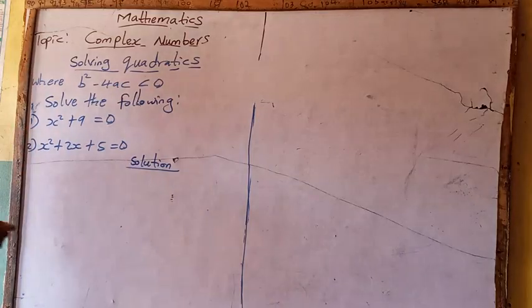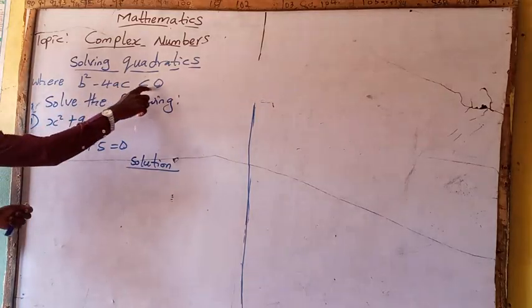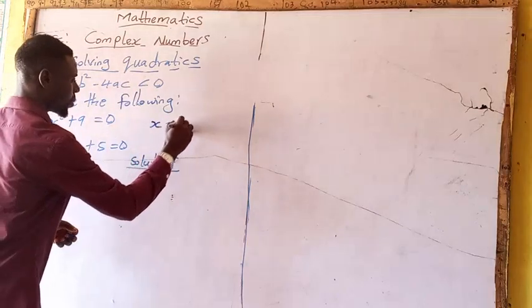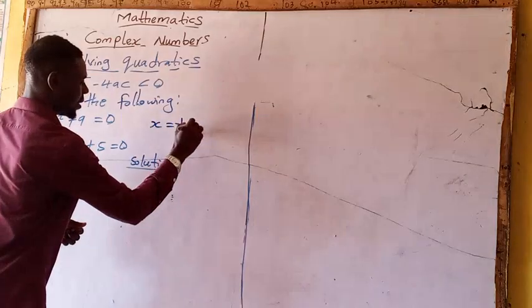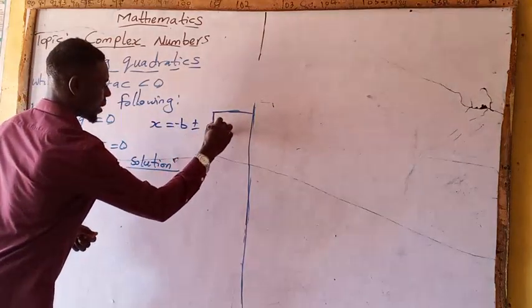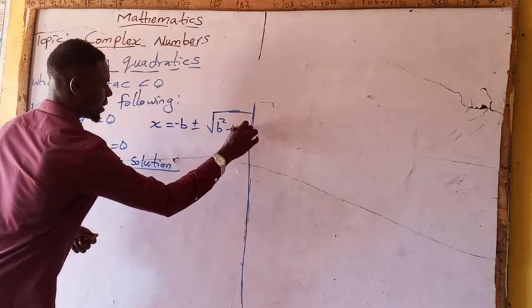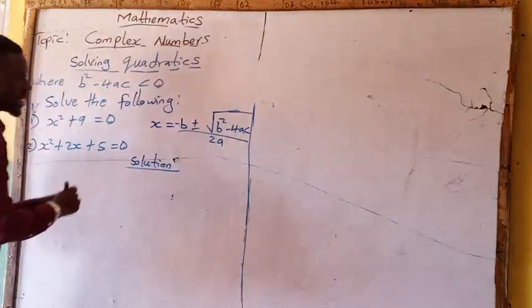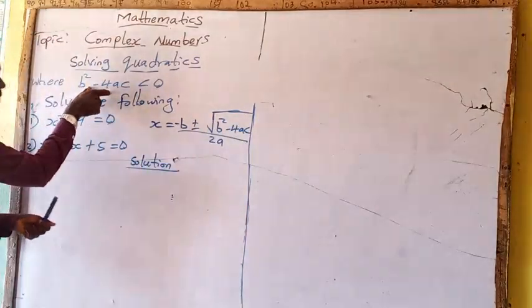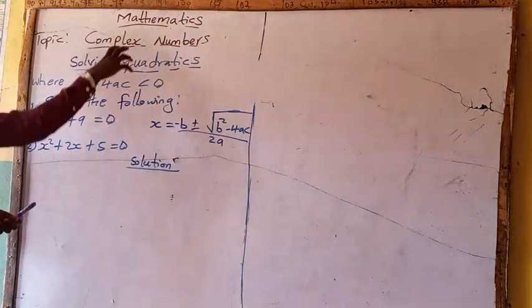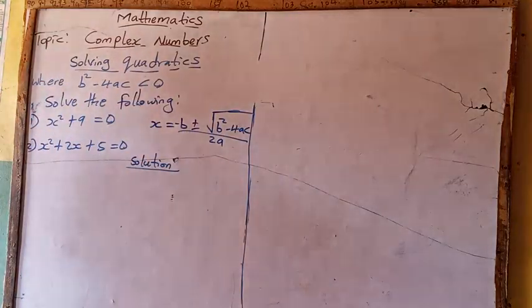You will end up having this kind of expression whereby using the formula x is equal to minus b plus or minus root b squared minus 4ac all divided by 2a. Now, this expression here, when it is less than 0, that is when you relate it to complex numbers. So now let's solve the number 1.